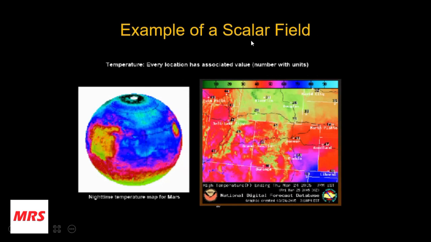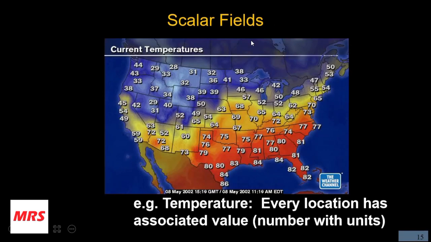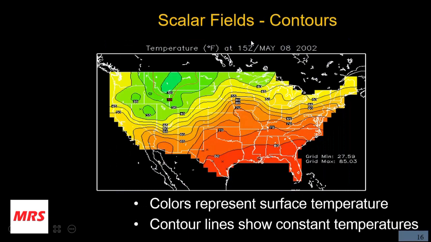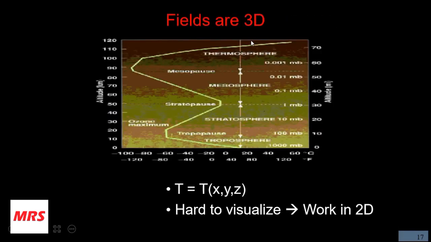Examples of scalar field are nighttime temperature map for Mars, geographical representation, current temperatures. Contours represent surface temperature, contour lines show constant temperatures, fields are three-dimensional.